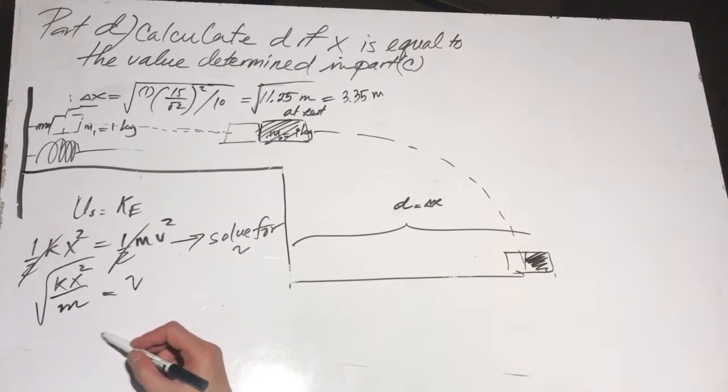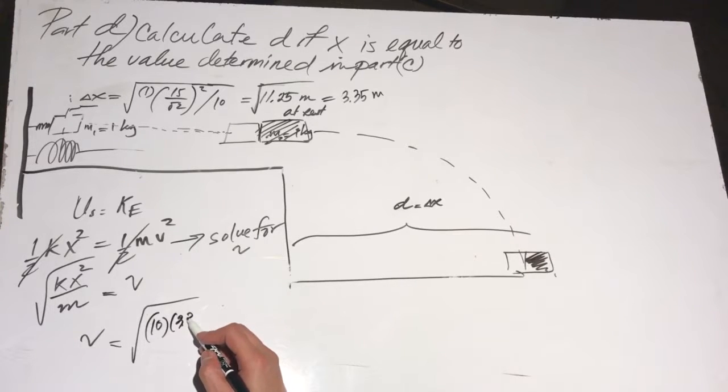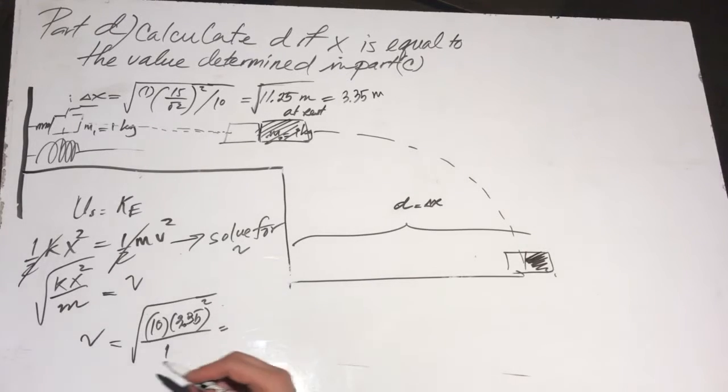Now you can go ahead and replace the values. What's my k? 10. What's my x? 3.35 squared. Mass is m. Whatever answer you have, it will tell you the value of the initial velocity after the spring is pushed.